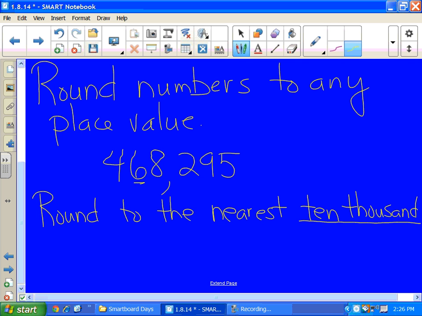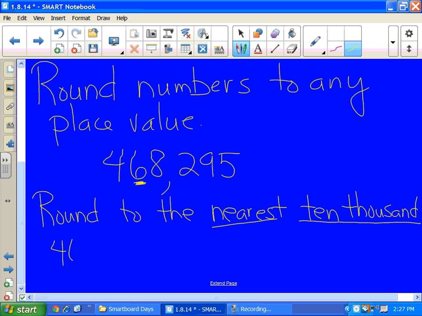So again, I want to focus my attention on the 10,000s place. I need to look at which two 10,000s this number is between as we're counting, because we're trying to find which 10,000 this is nearest to. If we were counting by 10,000s from 400,000, we get 400,000, 410,000, 420,000, 430,000, and so forth.